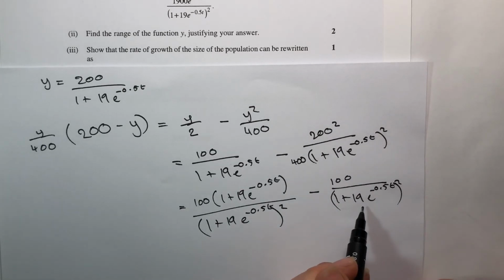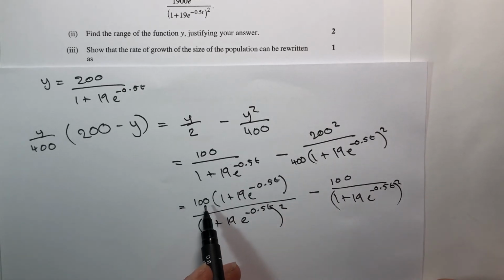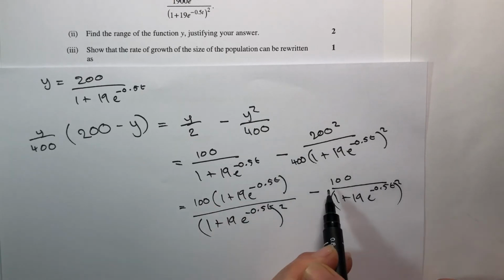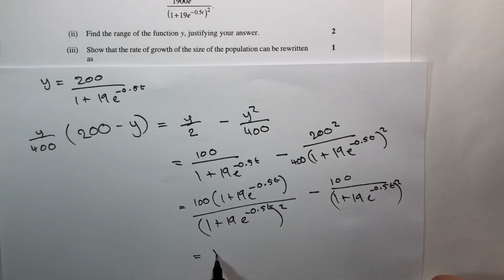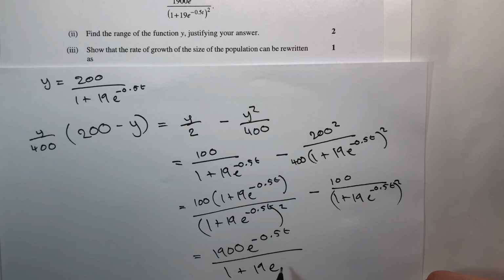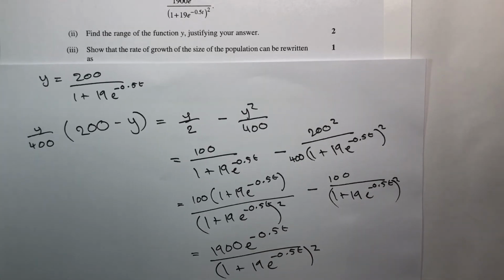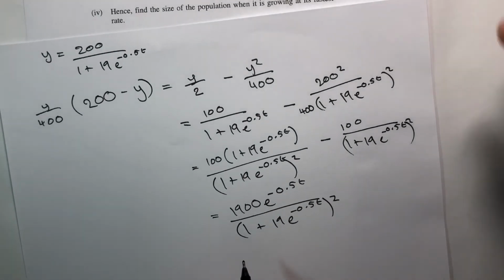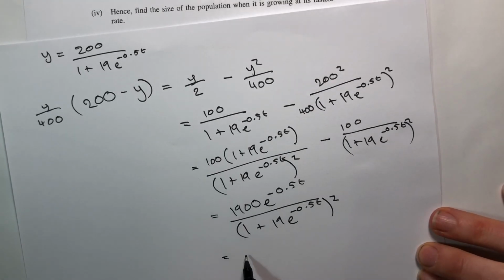Now I can see that I have a common denominator going on over here, and I have one lot of 100 plus 100 of these minus one lot of 100, which means I have 1900. Because the common denominator, I just added across the top. And just to finish that off, I'll say equals dy dt.